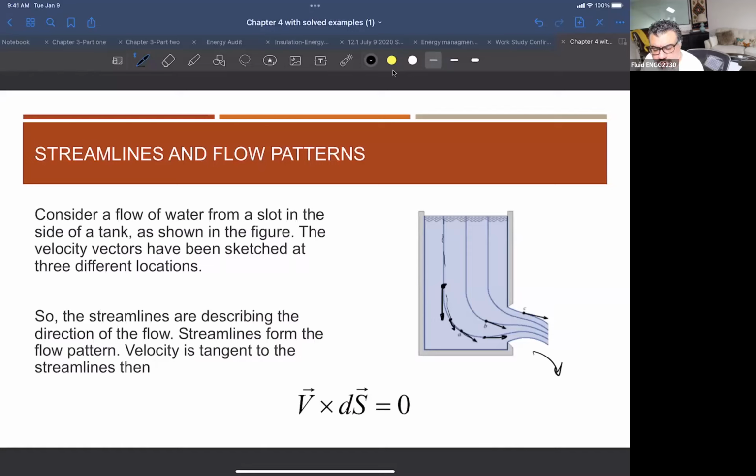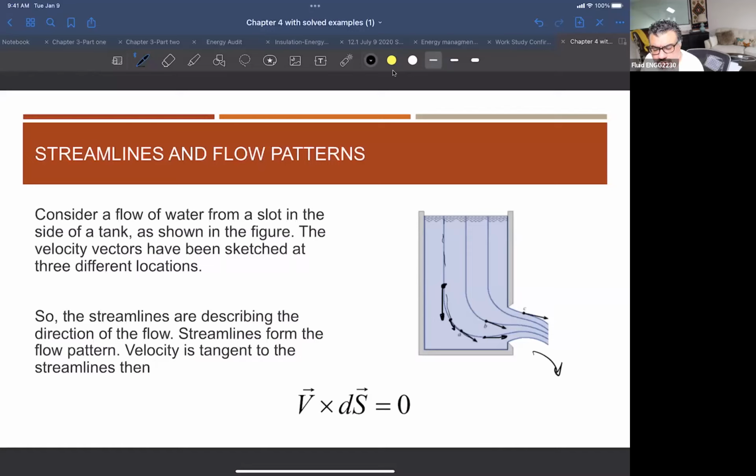The cross product is the magnitude of the first times the magnitude of the second multiplied by sine of the angle between them, and since the angle is 0, the cross product is 0. So the mathematical definition of the streamline is that the cross product of the velocity vector and the space vector is equal to 0.